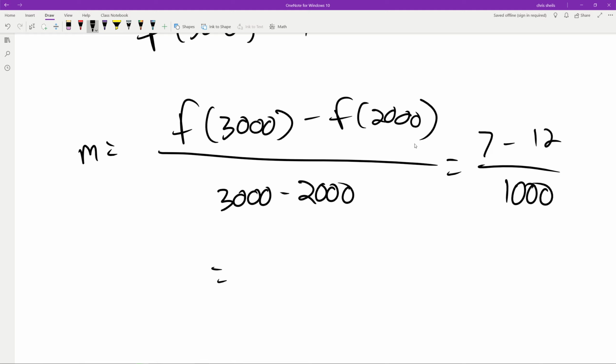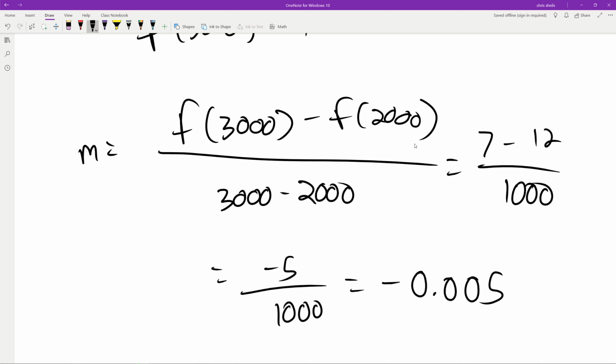Seven minus 12 is negative 5, so this is negative 5 divided by 1,000. And this is negative 0.005.